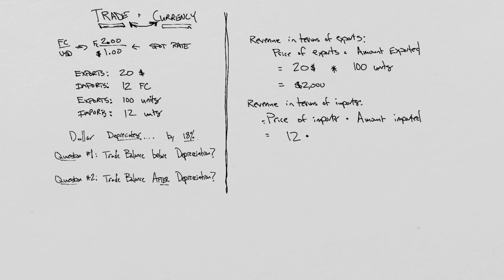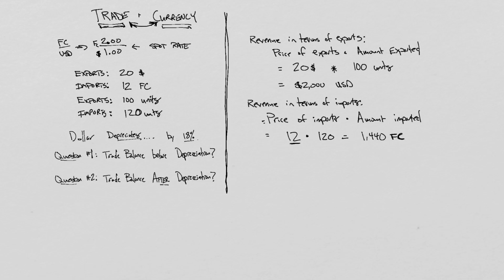And the amount imported, actually, sorry, this should be 120 units, not 12. So 12 times 120 equals 1,440. Since this is imports in terms of foreign currency, this is 1,440 units of foreign currency, and then this is 2,000 in terms of USD.